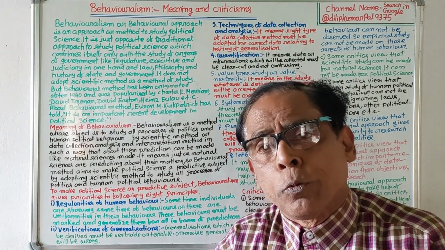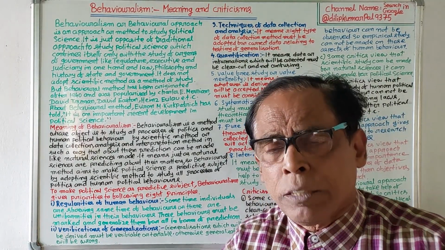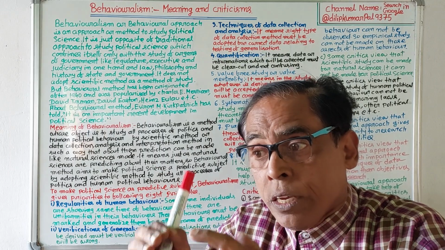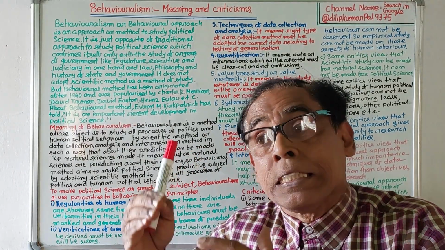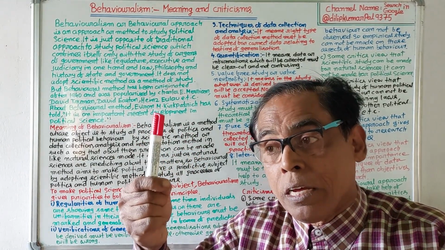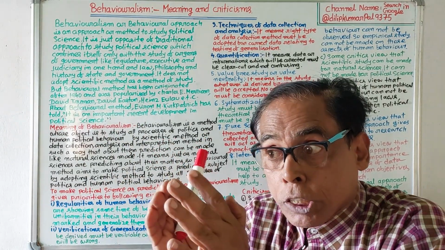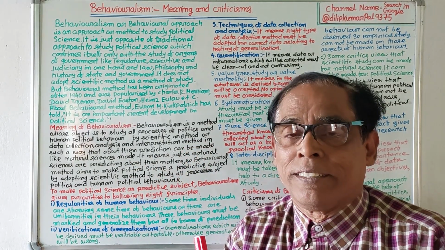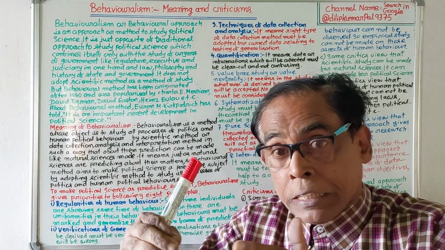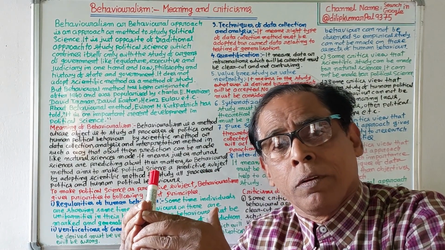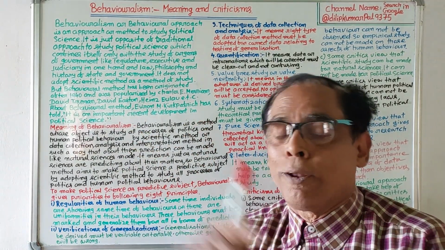So the first principle of behavioralism is regularities in human behavior. It means sometimes people show the same type of political behavior, or uniformities are found in human political behavior. These uniformities must be marked and watched, and from this same type of human behavior, generalizations will have to be made, and these generalizations must be applied for all.